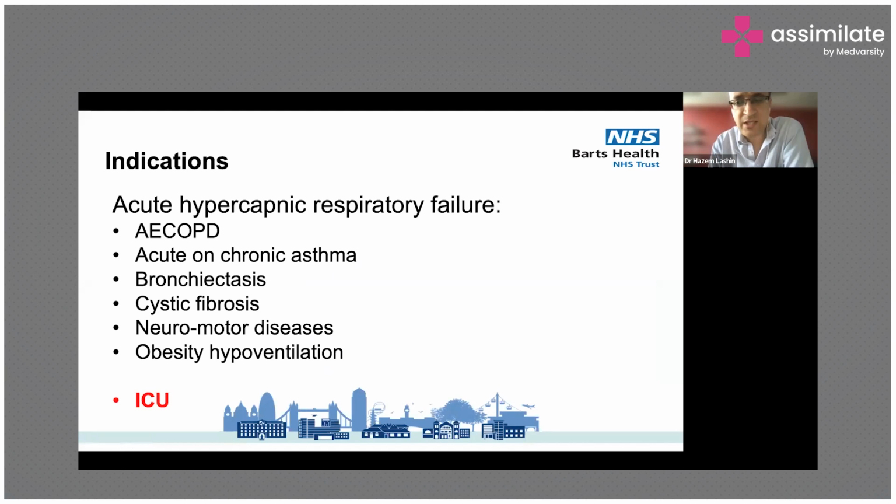The guidelines also suggest that NIV can be used in ICU, but they were non-descriptive of when to use it and how, and it was left to specialist advice. And again, I think this is the right course of action.